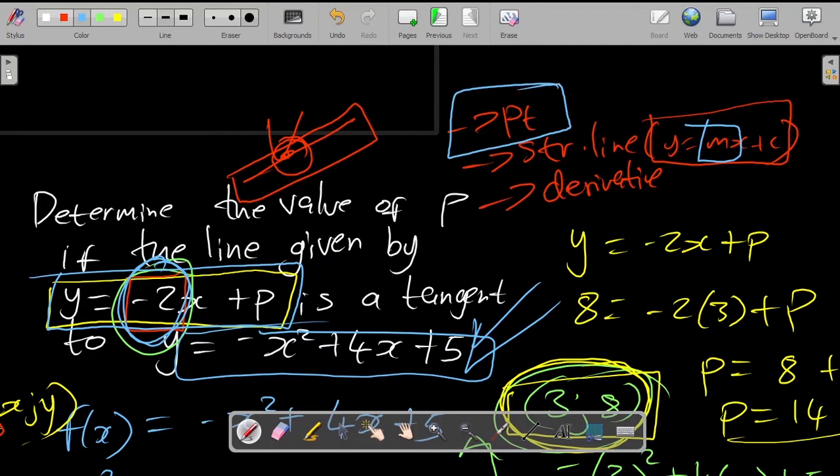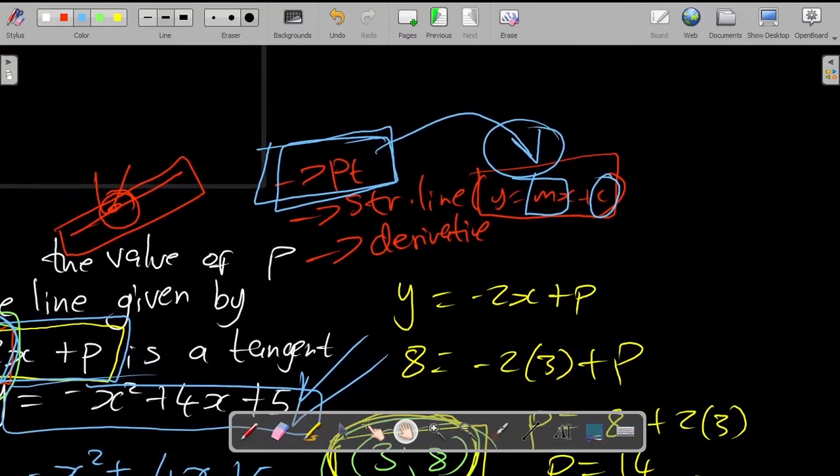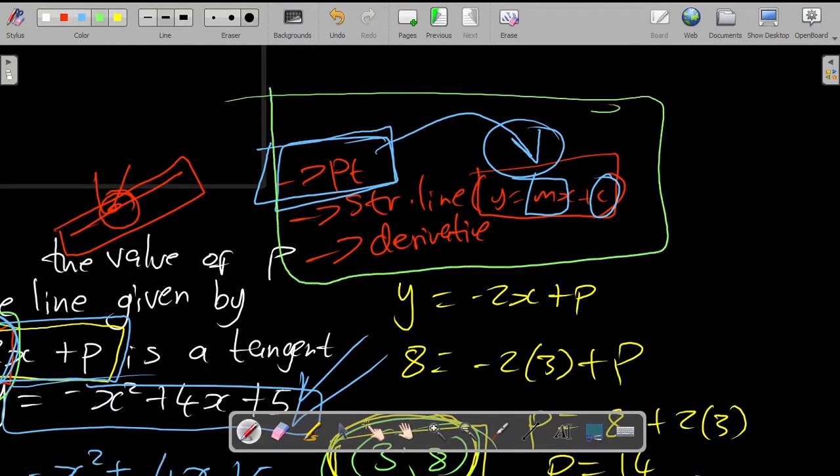If you were given the point, it would be much, much simpler. But now we had to find the point first. After finding the point, then we came back to the formula of our tangent to find that p. After finding that p, that is how you answer the question. So it will always be mix and match, but these are the basic things. You'll always have to deal with these things.